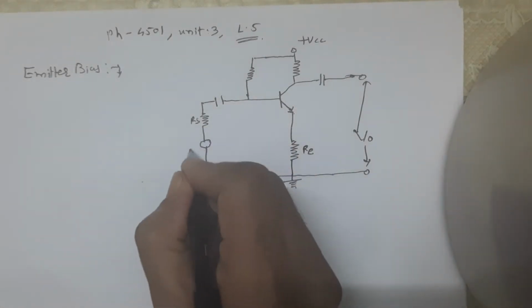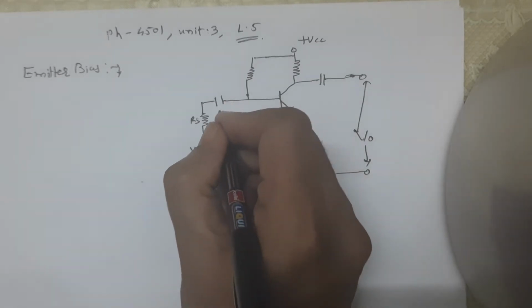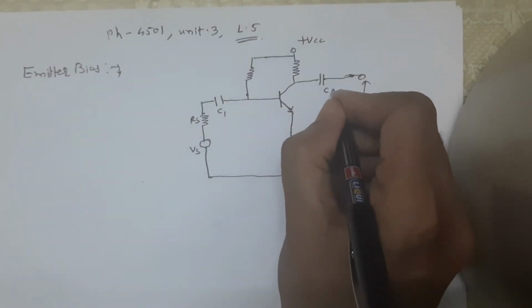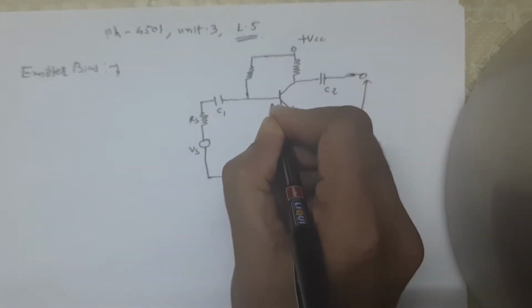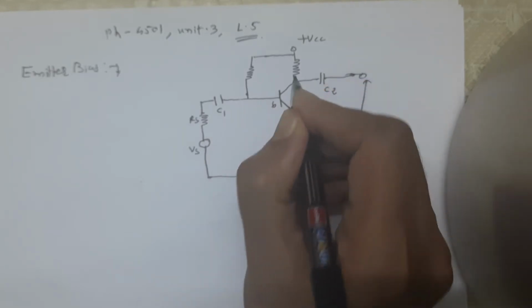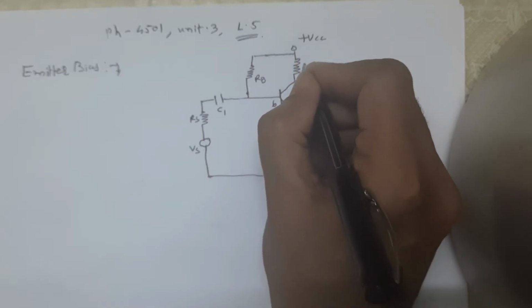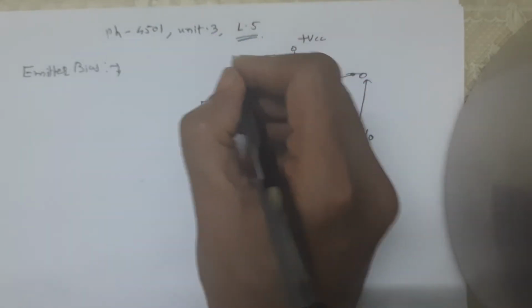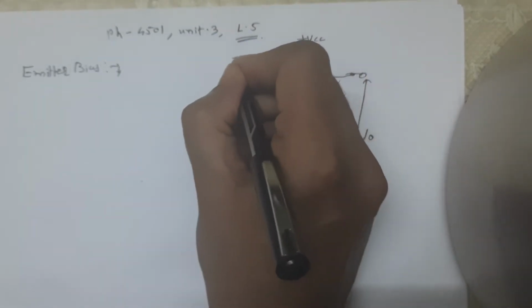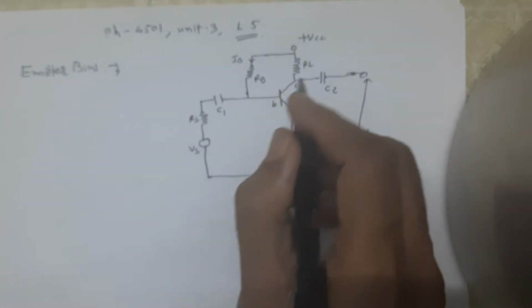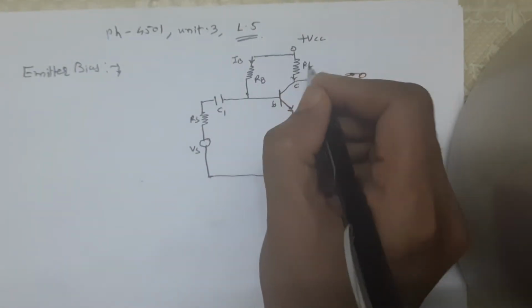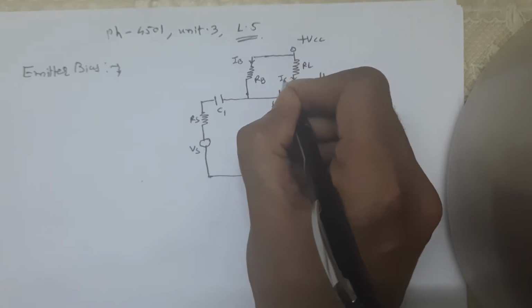Rs, source Vs, capacitor 1, capacitor 2, emitter, base, collector, Rb, load RL. In Rb there is a current Ib. In RL there is the collector current IC.